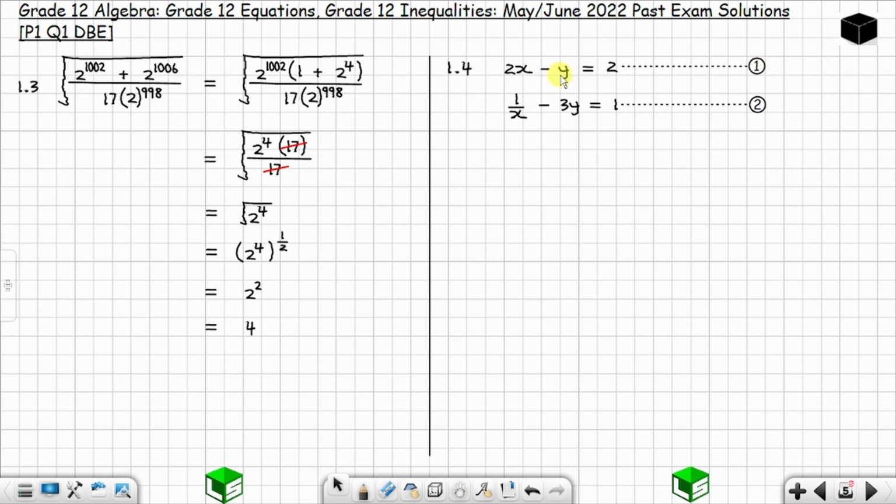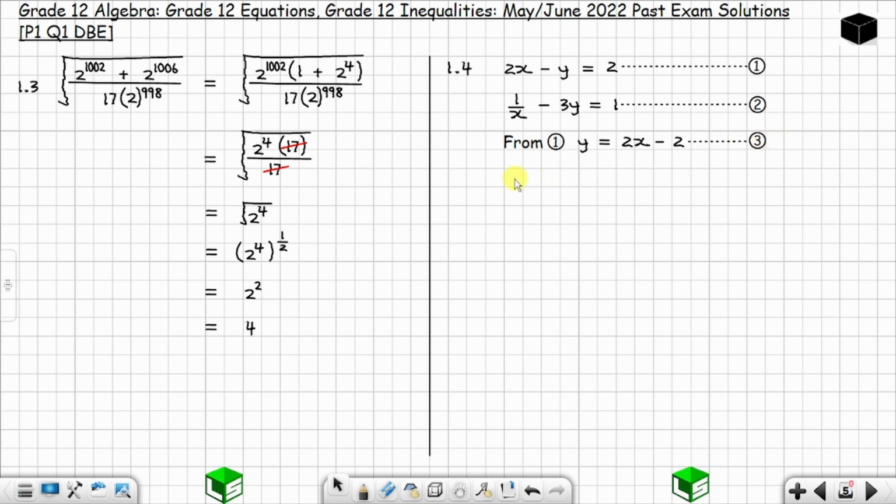You can take negative y to the right side, and take the 2 to the left. So from equation 1, y is equal to 2x minus 2. This becomes our third equation.